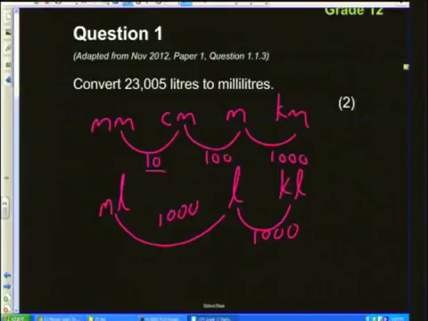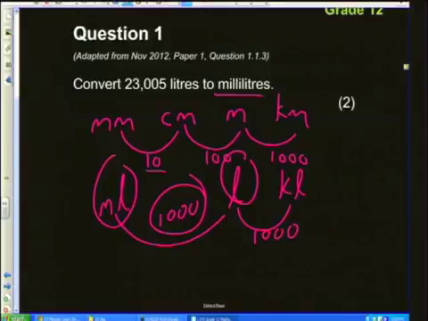So when the question asks, how many milliliters are there in 23,005 liters? We know from milliliters to liters we've got a 1,000 jump. Now, by a 1,000 jump, we're either going to multiply by 1,000 or divide by 1,000. So how do we know which we're going to do?